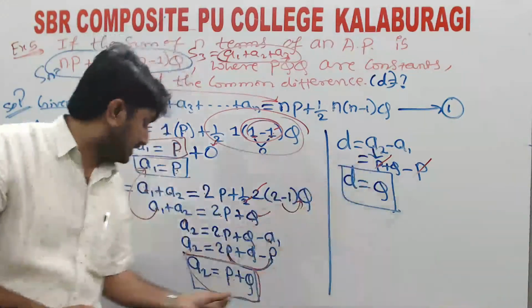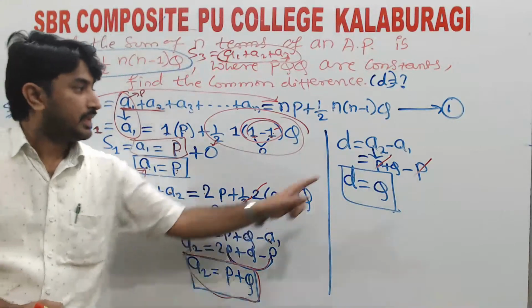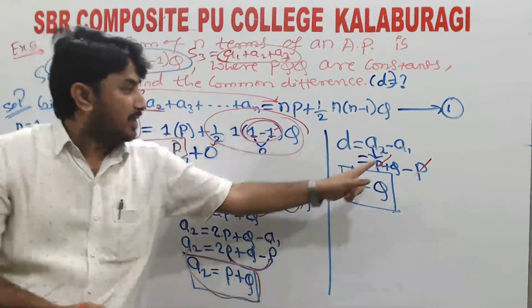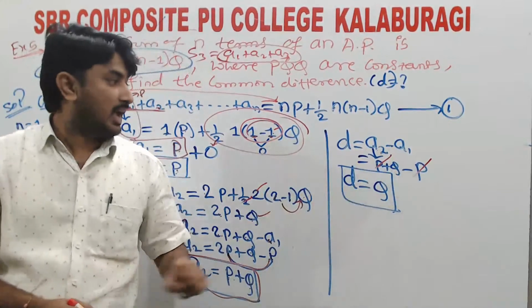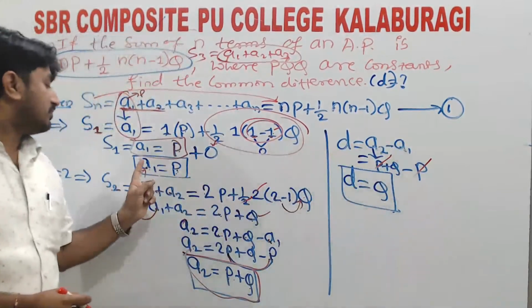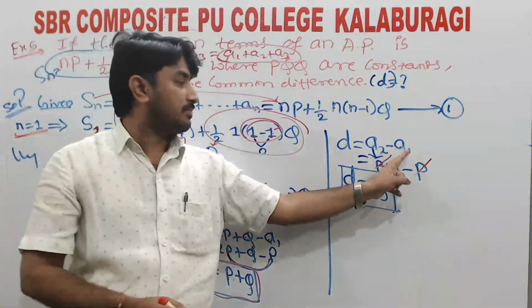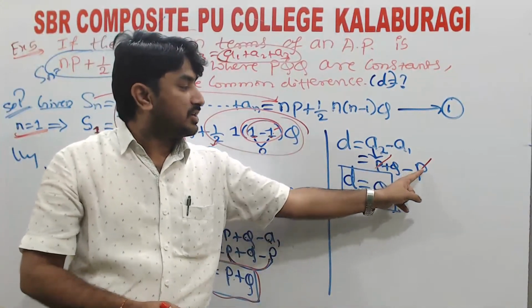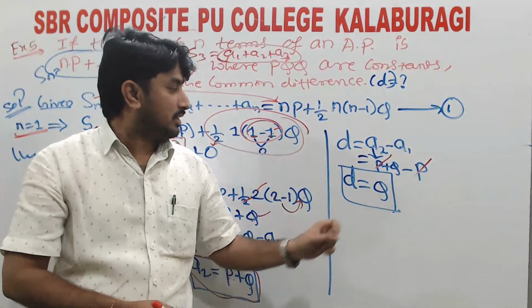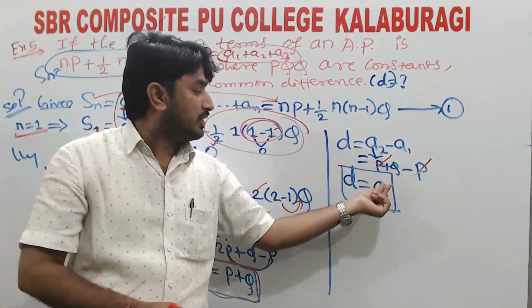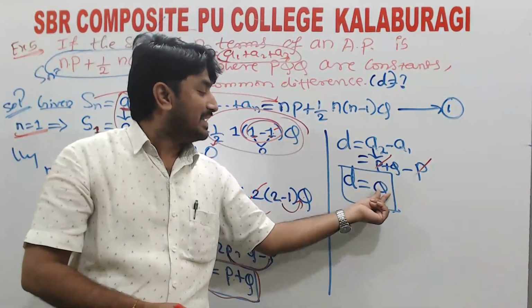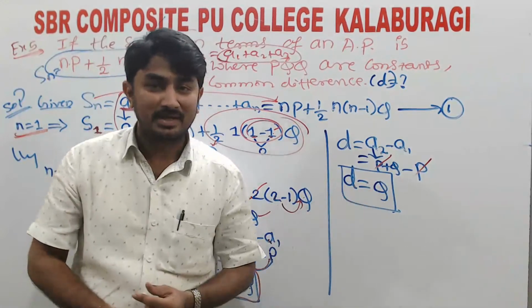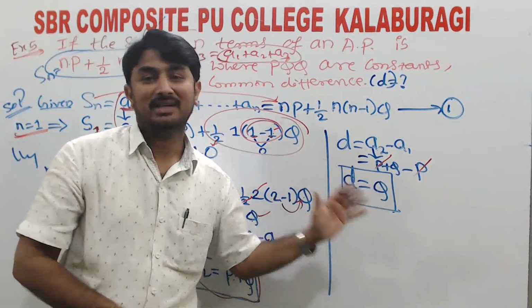The A2 value is p plus q, and minus the first term, which is p. Here the positive p and the negative p cancel. What remains? q is left. It is called the common difference and the required result.